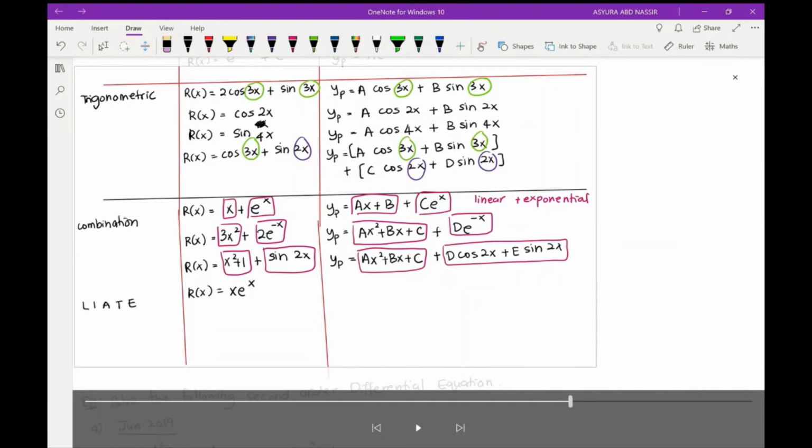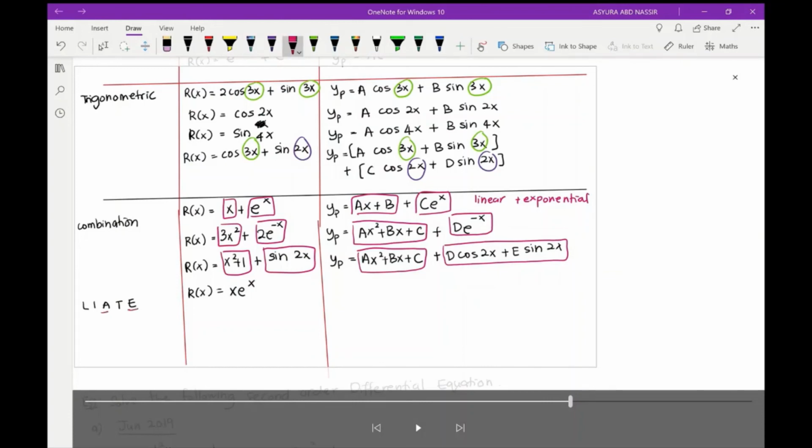Okay, next, what if we have multiplication, xe^x? If the combination is a multiplication of two different functions, then we choose one of the functions to have their constants. In this case we can use LIATE. So here x is an algebra, and we have algebra and exponent.